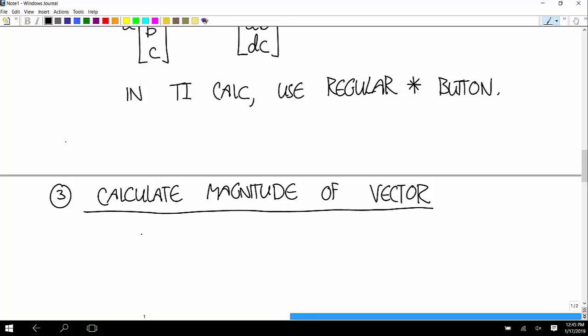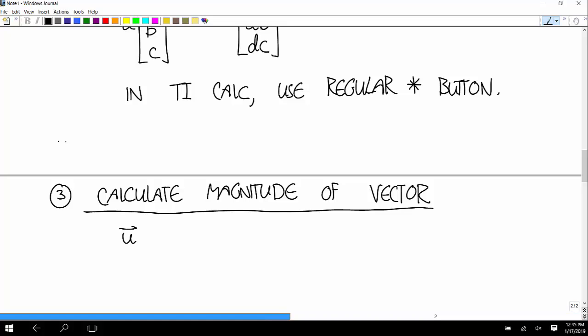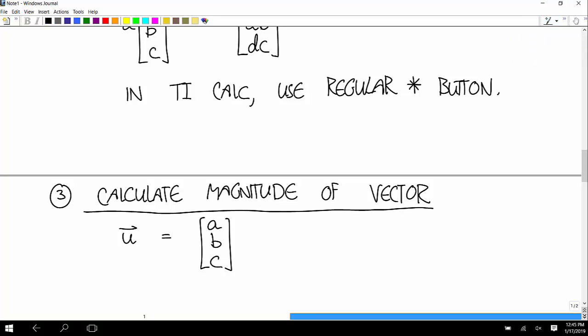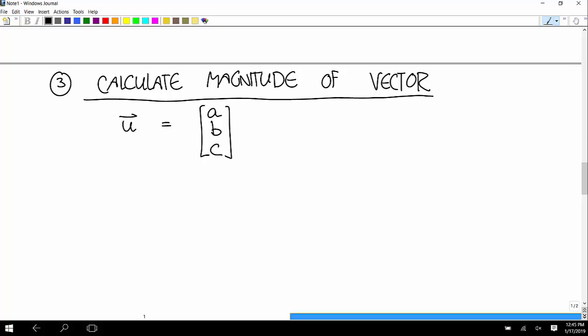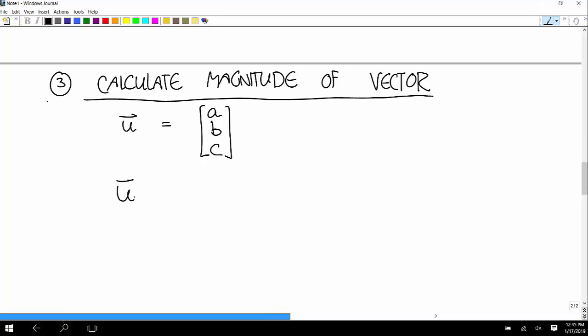So if you have a vector, I'm going to call it U, and that over arrow says that your variable is a vector. And let's say that the components are A, B, C. Then the magnitude of that vector is represented as the absolute value of the vector.